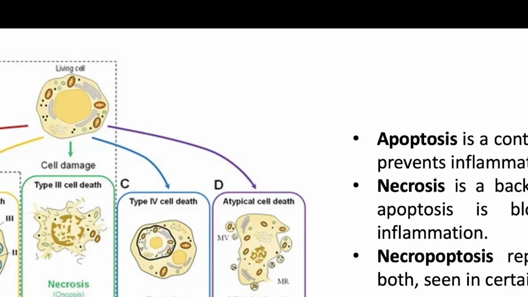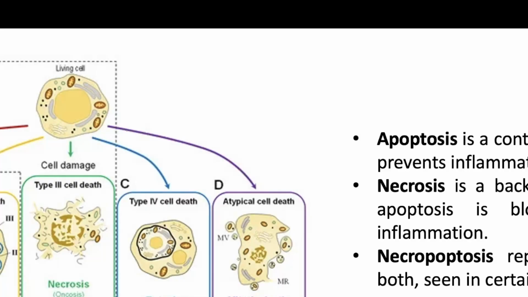So all these are forms of cell death, while autophagy is a type of clearance mechanism of the cell where it recycles its components. Apoptosis is cell suicide, a silent death of the cell, whereby its components are recycled and the infected cell is removed.